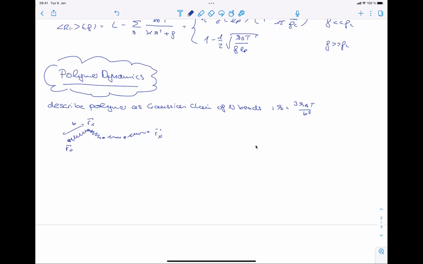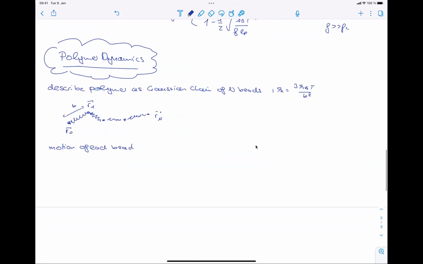Now I want to describe the motion. And so the motion of each bead is given by Newton's law, right? So we have m dv_i/dt, which is our inertia term, equal to the forces acting on the bead.